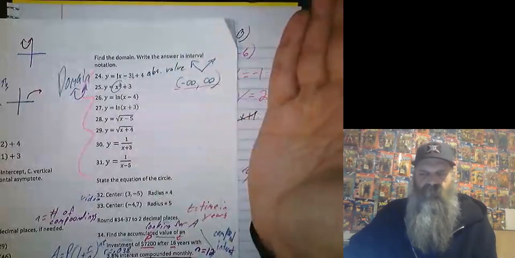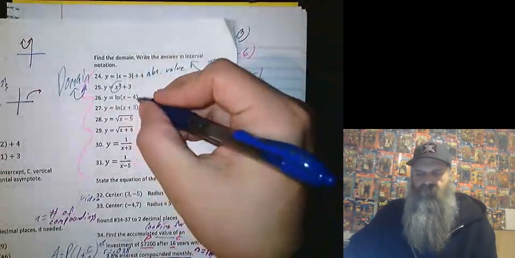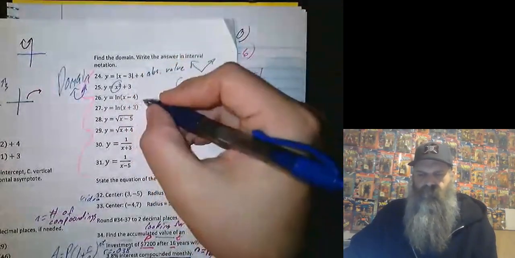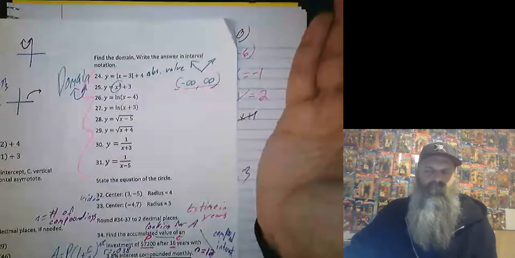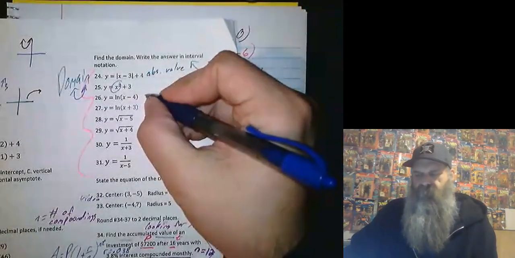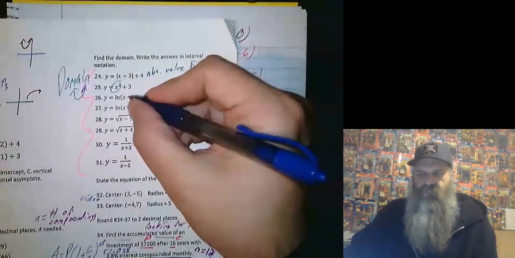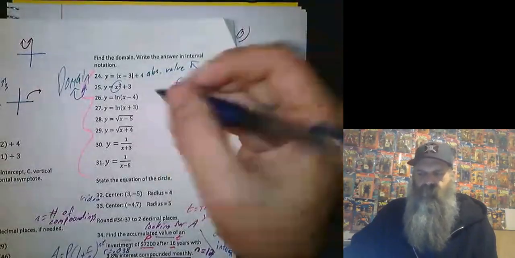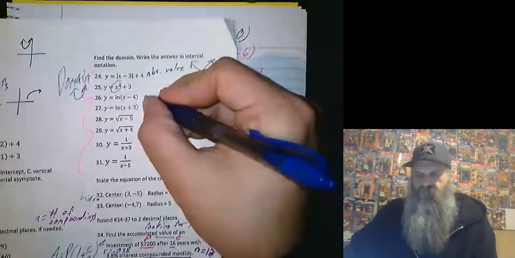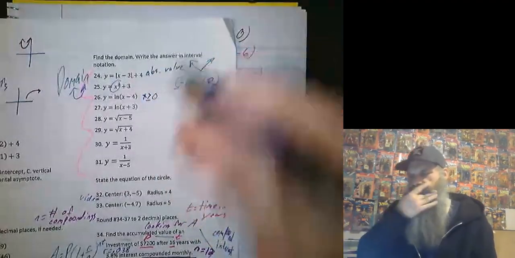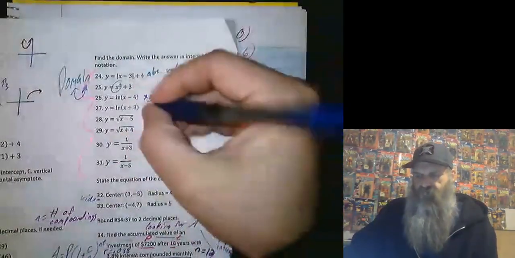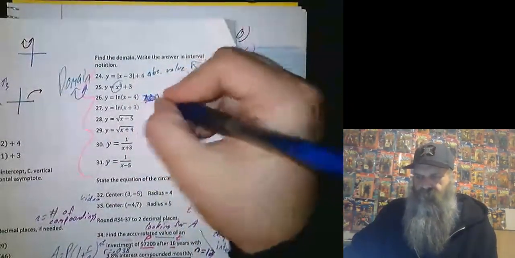Natural log is the same as a log. So you cannot take a log of 0. If you did log of 0 in the calculator, you'd get an error. So x has to be greater than, but not equal to 0, if that notation helps. Whoops, not equal to.